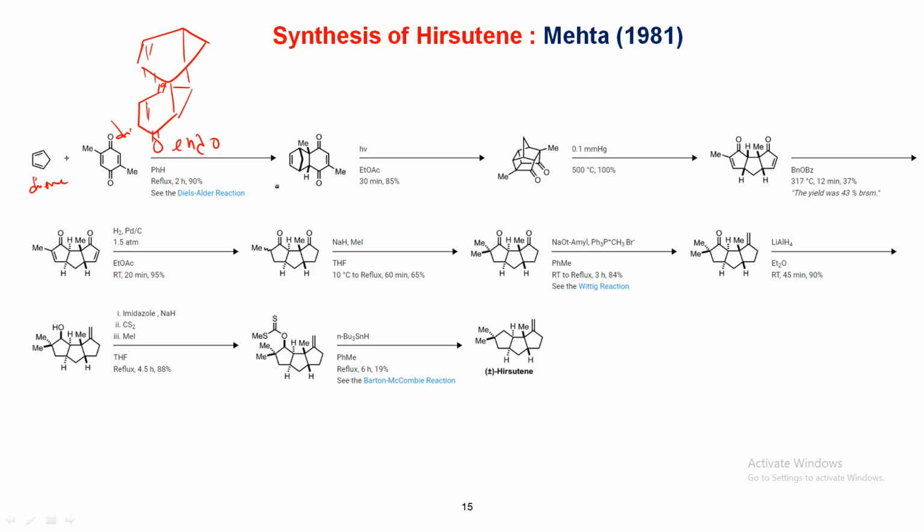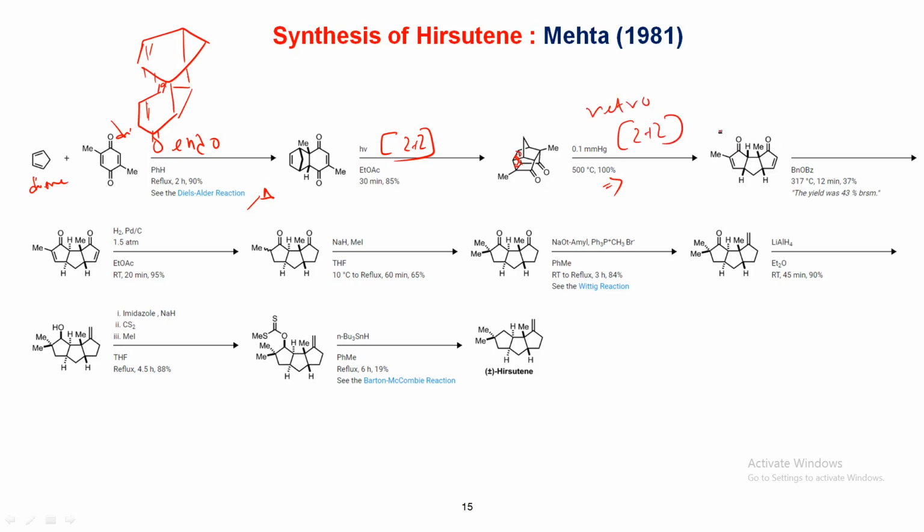Then with heat, there is a 2+2 cycloaddition from this compound. Now the retro 2+2 is done like this.